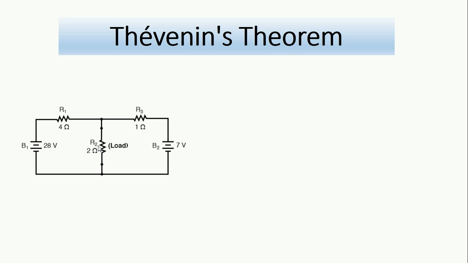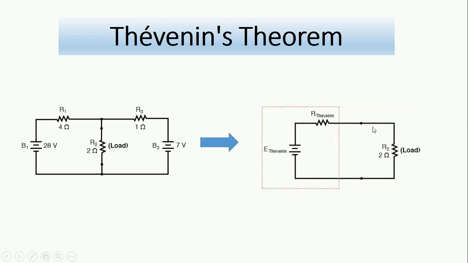So in order to make this simple, we wanted to put the whole thing in a simple shape like this, where we have only one voltage source, which in Thevenin's case is called the Thevenin voltage, and one internal resistance for the whole circuit, which is called the R Thevenin. This is equivalent to the whole circuit resistance, excluding this load.